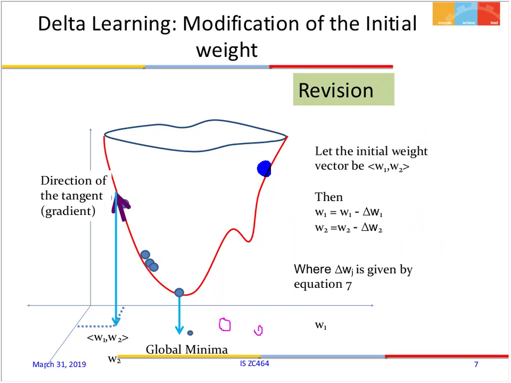So this is old W1 and old W2. Let me say that this point is the old point, okay? And I want to move to the new point, which is here, right? Are you able to see this difference? The old point is right below the blue point on the weight space. Weight space is two-dimensional here in this example, while the third dimension is the error dimension.